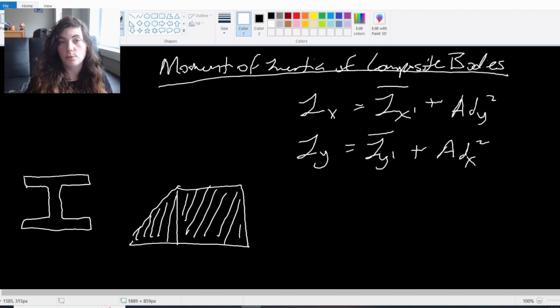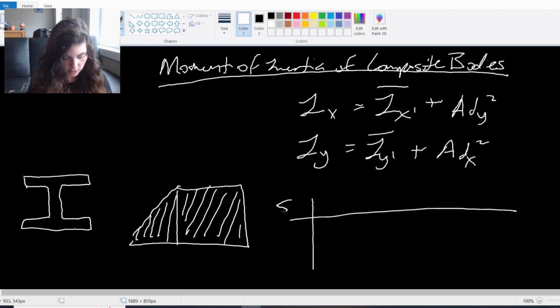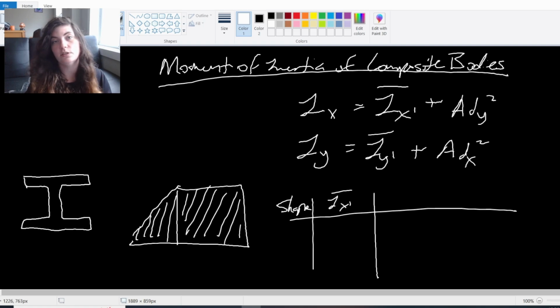So we're going to approach this a lot like we did with centroids, where we're going to have a table where we break everything down into a shape, and then each component within the parallel axis theorem equation is going to be within our table, right? So our Ix bar, we pull our equation for this off of the table and then do the calculation.